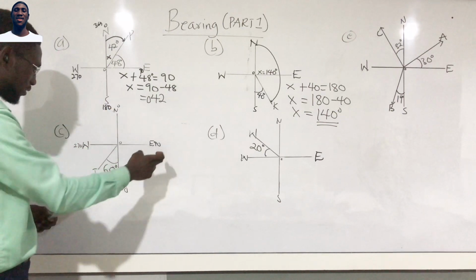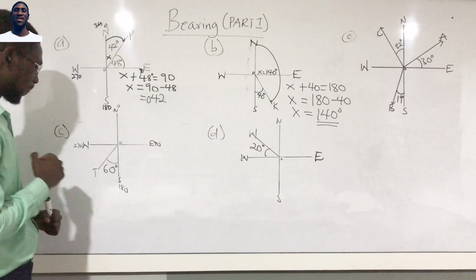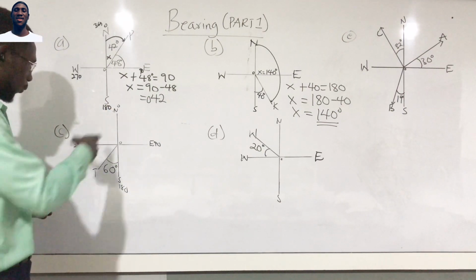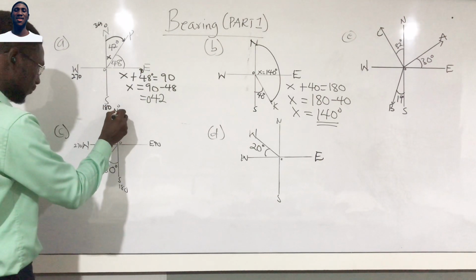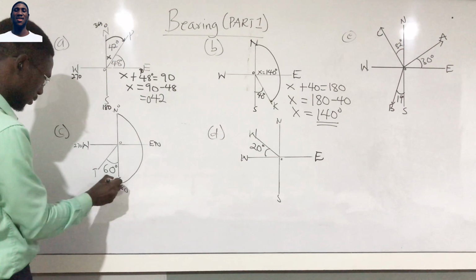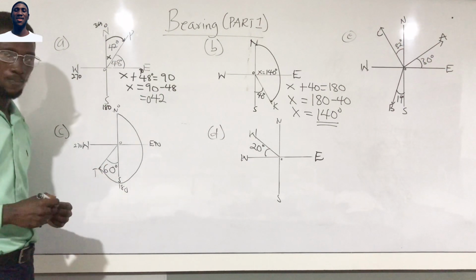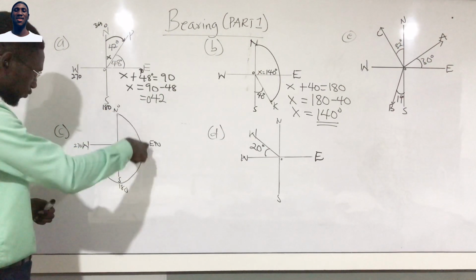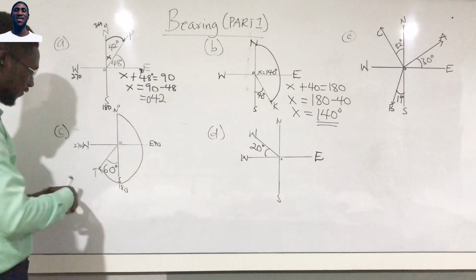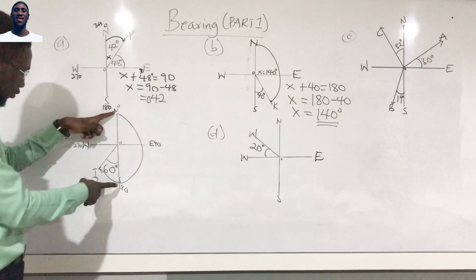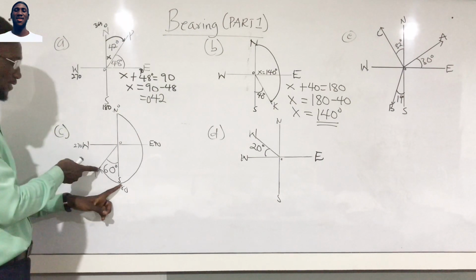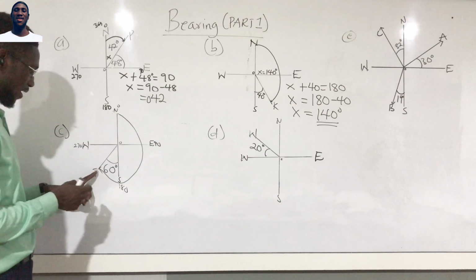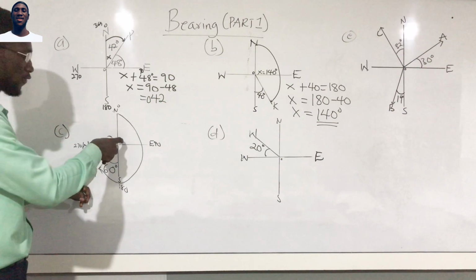We realize that if we are taking our bearing of T from the north, we know from north to south is 180. So we only have to add 60 to 180 to get the bearing of T from O.